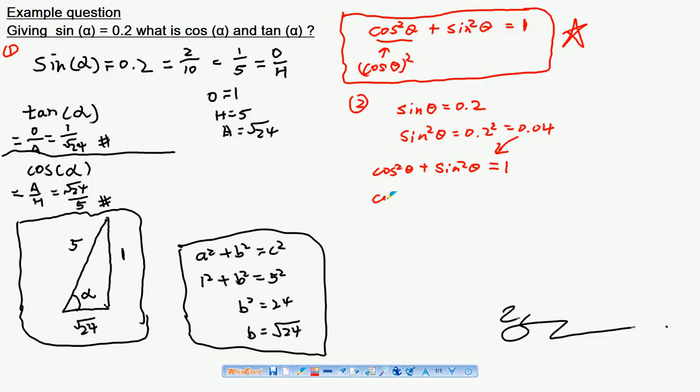So I have cosine theta square plus 0.04 equals 1.